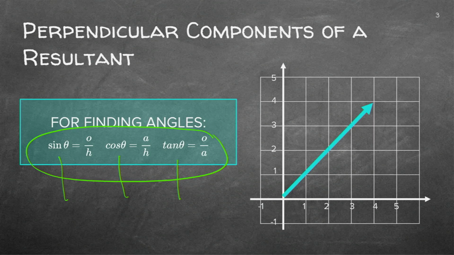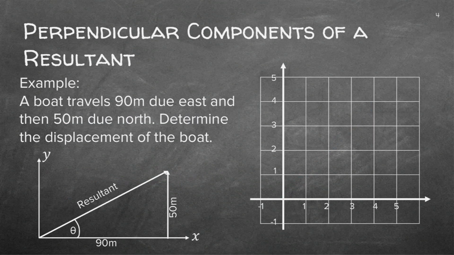Right, let's get started. If I had a vector like that, now what do we have? We've got a boat that travels 90 meters due east. So this boat starts there and it travels 90 meters in the eastern direction. It then goes 50 meters due north.